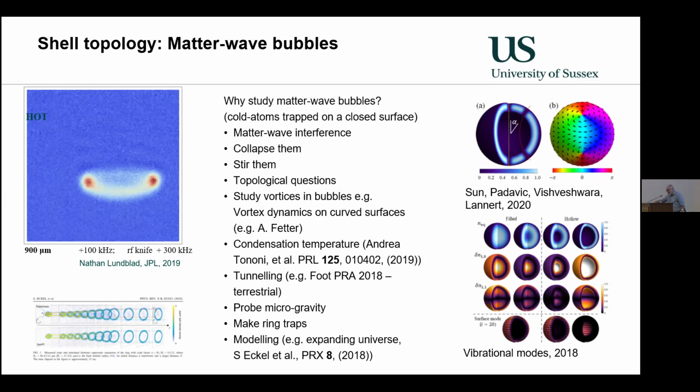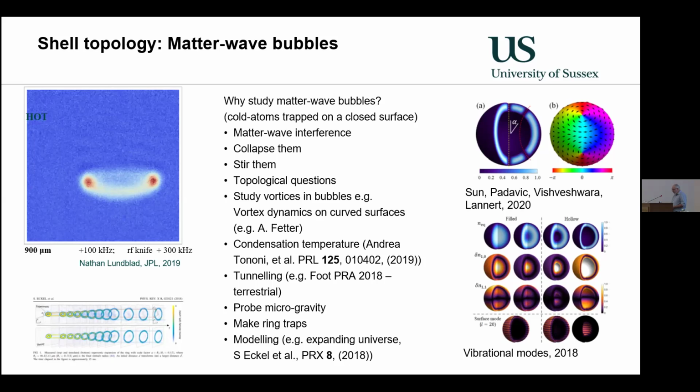You can think of it as perhaps a probe of microgravity, making ring traps, as I already mentioned, and even making models of other systems. For example, a model of the expanding universe, which is the image on the bottom left over here, although it's done in low dimensionality there. Or in the far future, you could think of something like modeling the atmosphere of Jupiter using these kinds of spherical systems.